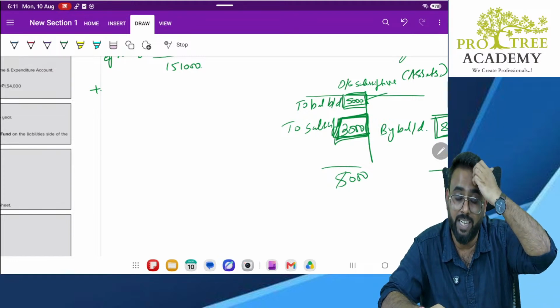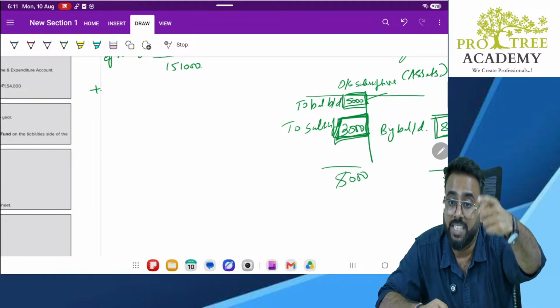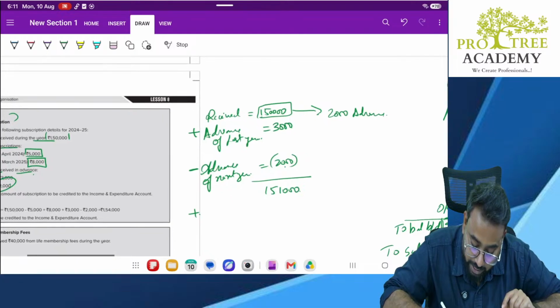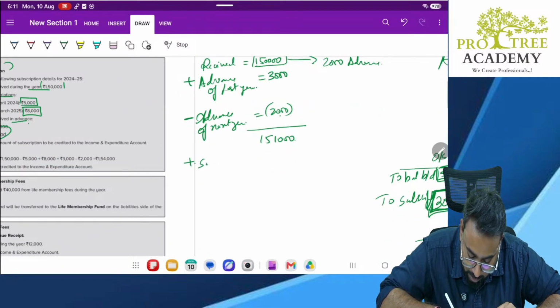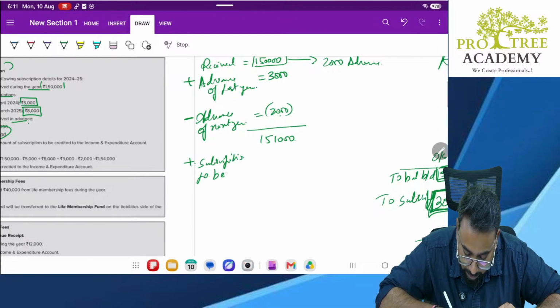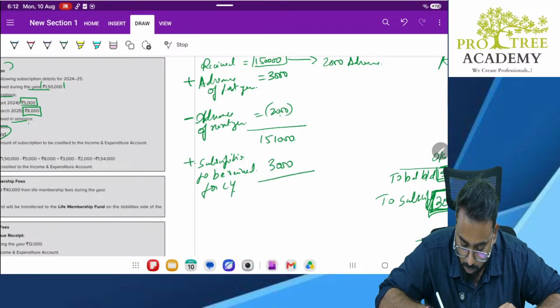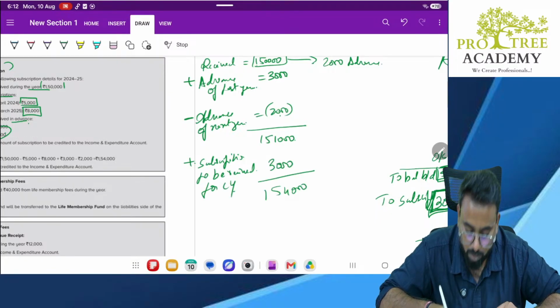It is still receivable. So this 3,000 would not have come here, correct? That also needs to be added: subscription to be received for current year 3,000. So total 1,54,000.